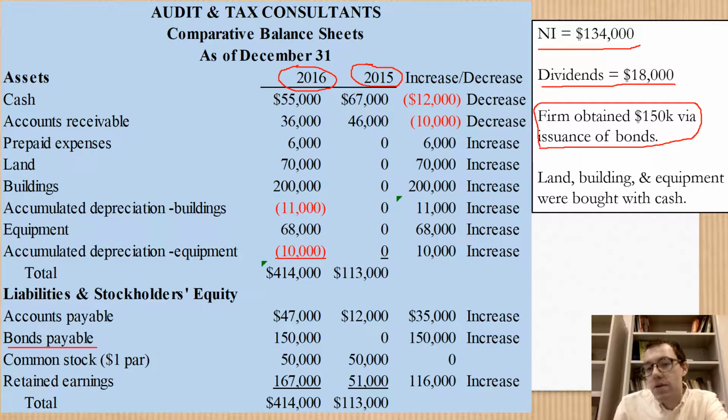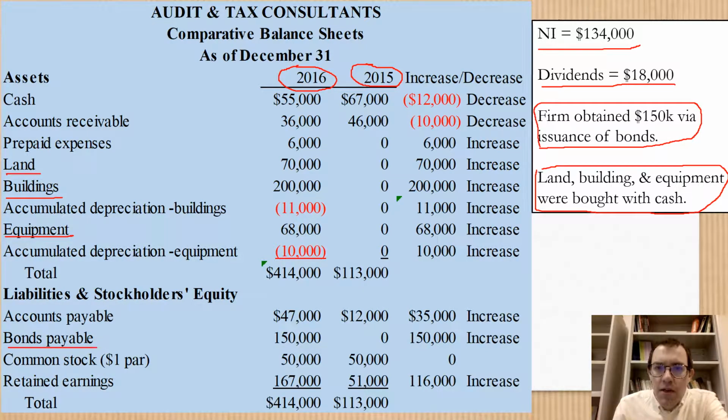But it's important to know that they issued it for cash and not for something else, like a building. And they let you know that the land, the building, and the equipment were all bought with cash, because you can see the equipment account went up, and so did buildings and land.